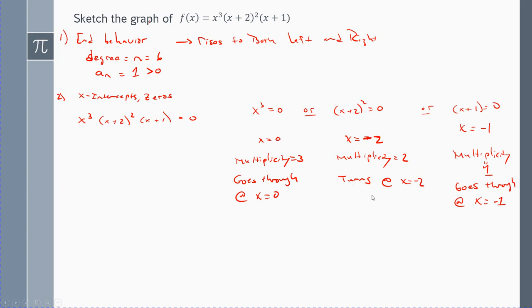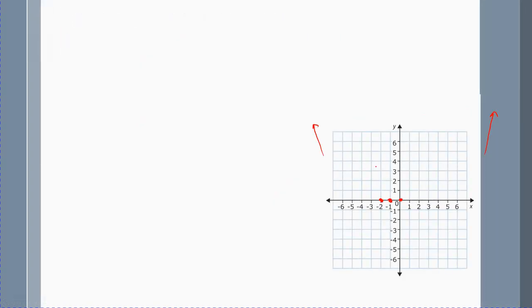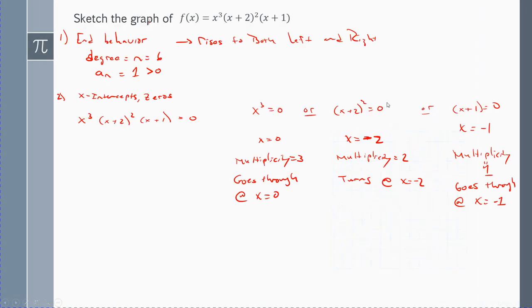The end behavior is telling me it's going up this way, so it's going to turn here, turn real quick here. You can basically see what the graph is going to look like, and it's going to have to go through each of these.